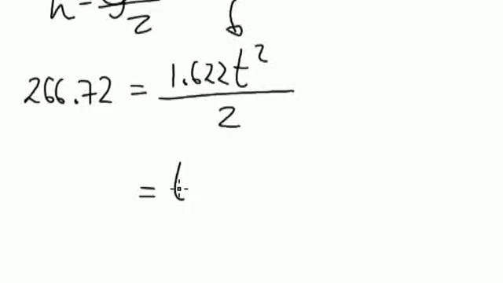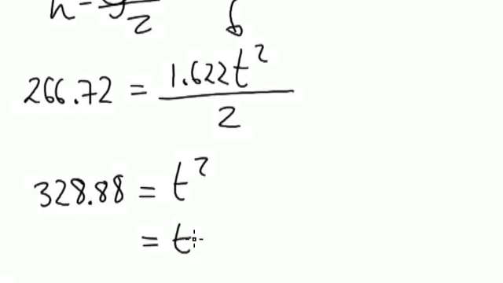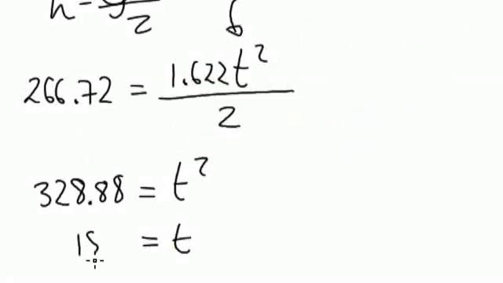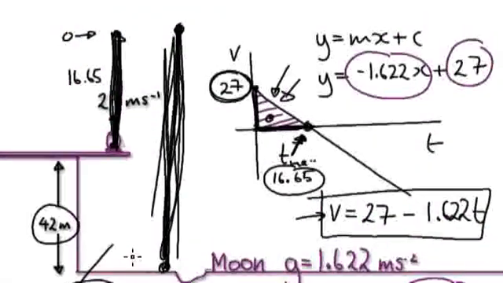So t squared, remember, we've only reached t squared, equals 328.88. Now square root both sides, so t equals 18.14. Now 18.14 represents the time it takes to free fall from here down to here.